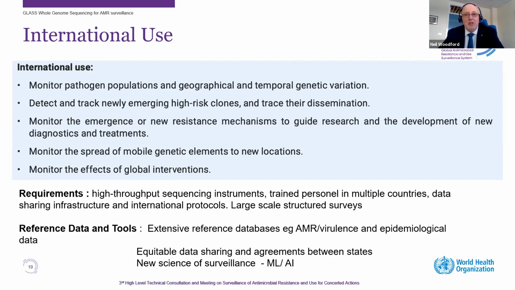They need trained personnel, and we need large-scale structured surveys to make the data that are being generated meaningful and comparable. This needs extensive databases and, as I've already mentioned, needs those equitable data sharing agreements, which comes on to Nagoya and so on.